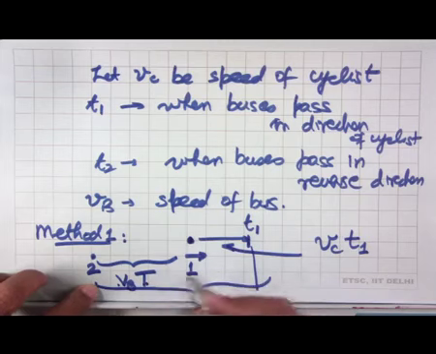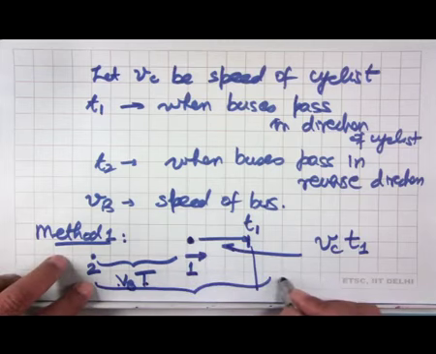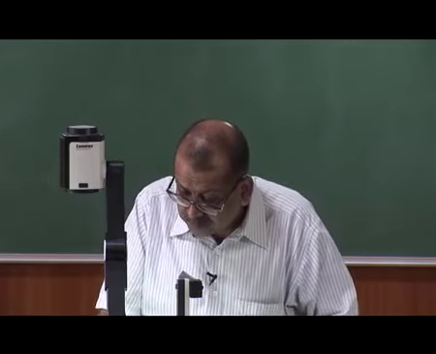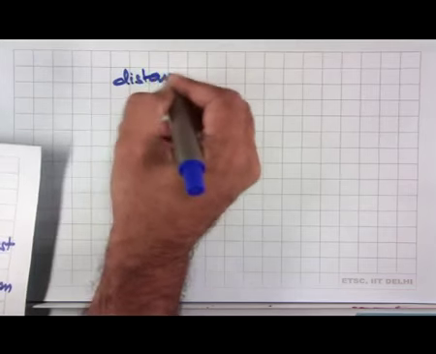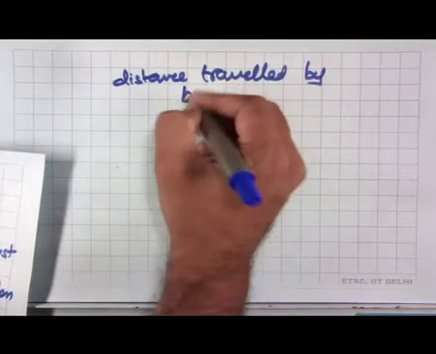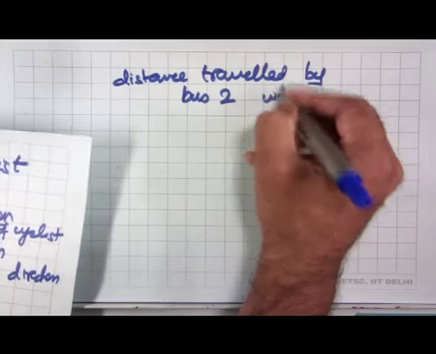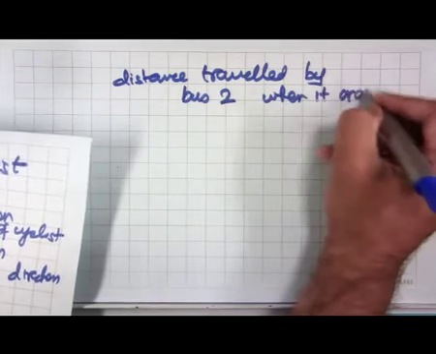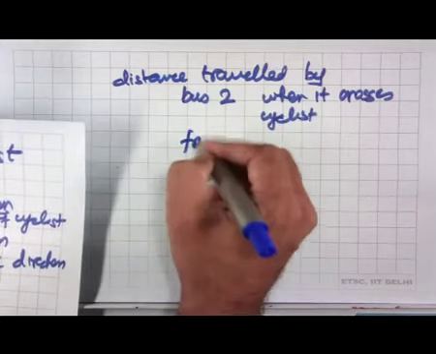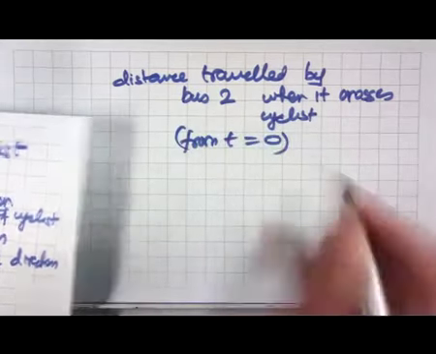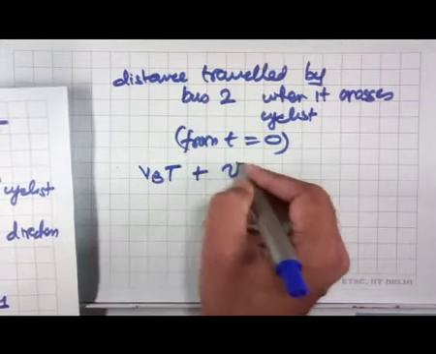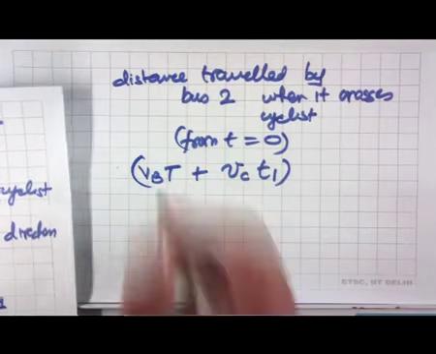So, the distance travelled by bus 2 when it crosses the cyclist, from t equal to 0, is Vb times T plus Vc times t1.